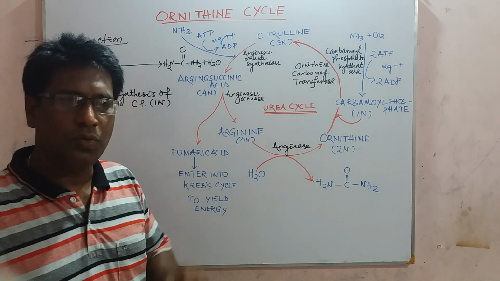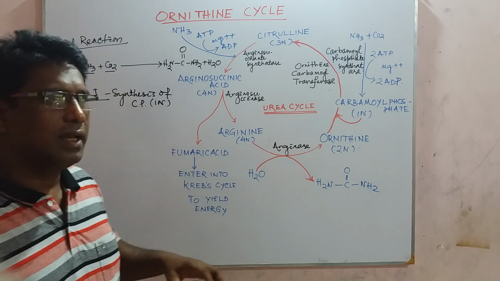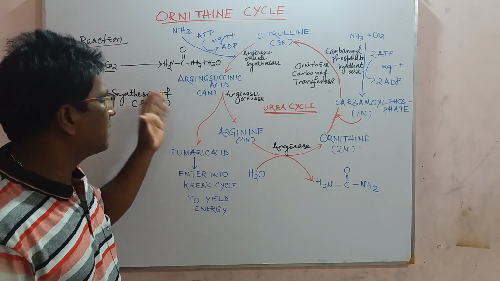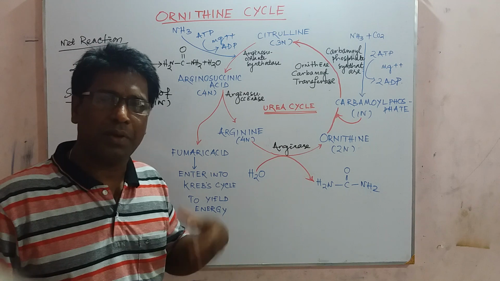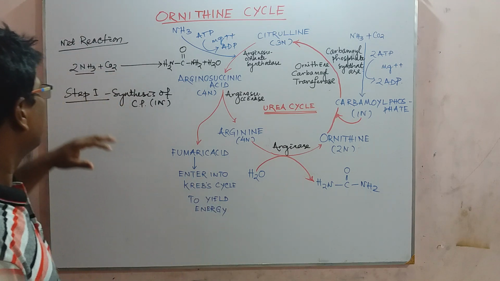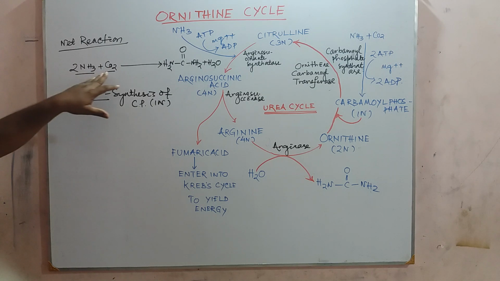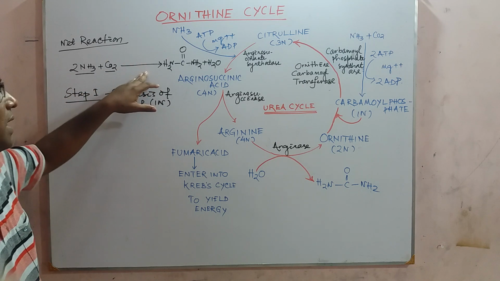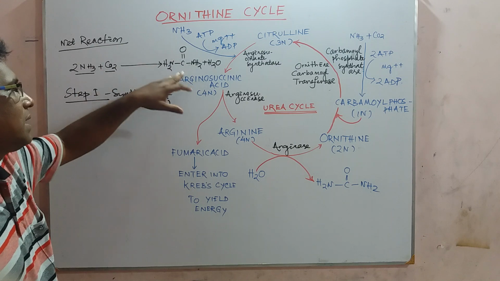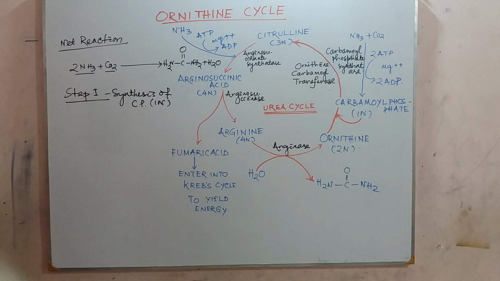They are 2 molecules of ammonia and a molecule of carbon dioxide in presence of enzymes, and it requires energy which is derived from ATP. So 2 molecules of ammonia (2NH3) react with a molecule of carbon dioxide by utilization of 3 ATP in presence of enzymes. It produces urea, and water is also eliminated.